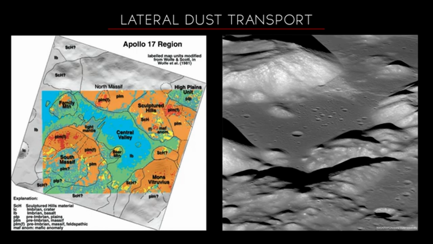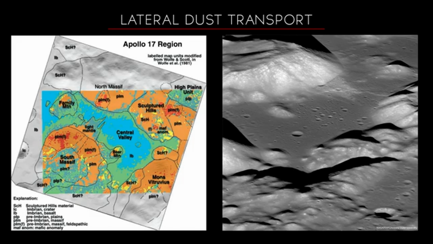Likewise, if you go up to orbital altitudes and look at things like the Mare highland boundaries, in this case Mare Crisium, on the left you see the albedo picture. On the right, you see the iron map. And again, you can see clearly that iron does not bleed over into the highland terrain, that the albedo boundaries are as sharp in the remote sensing data as they are in the visible light.